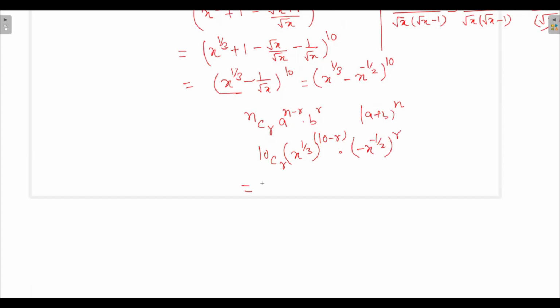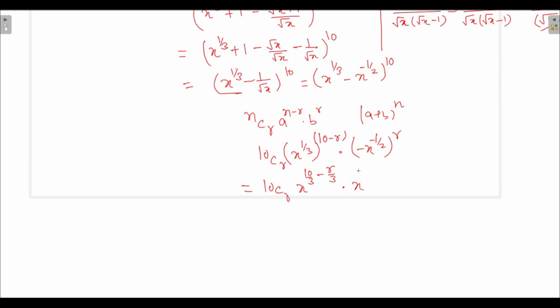So in the next step, I could write it as 10CR, and then x raised to the power, I can multiply these powers. So this will become 10 by 3 minus r by 3, and into minus x raised to the power minus half, or just take minus 1 out so that it will be easier.